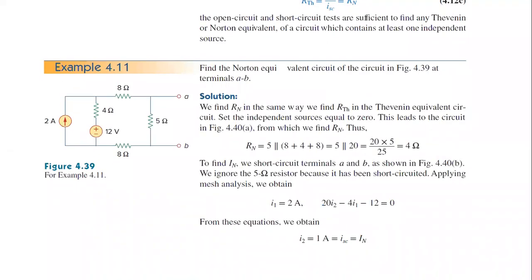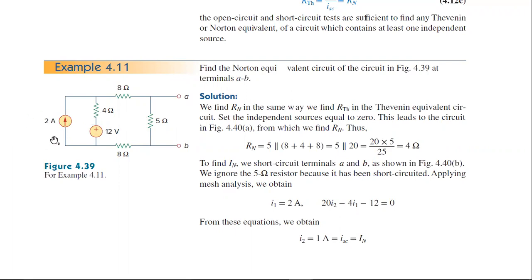Let me take one example problem. Let me read the problem. Find the Norton's equivalent circuit for the circuit shown in the figure. So here, how many dependent sources?